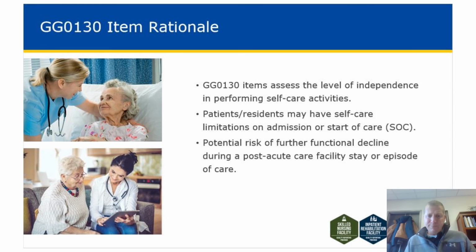And so the more assistance a patient needs for a longer period of time, the more they're going to increase their functional decline, or decrease their overall function. And so we want to get them up and moving as much and as quickly as possible. So that's what this is saying.